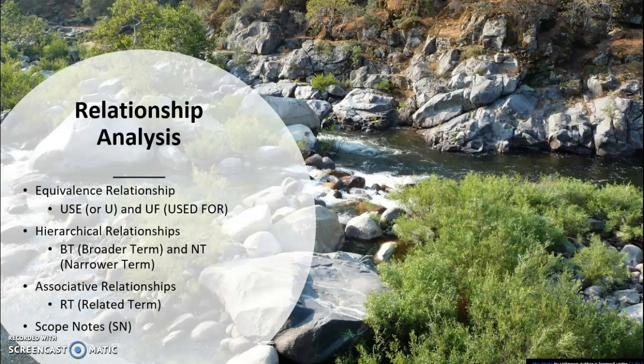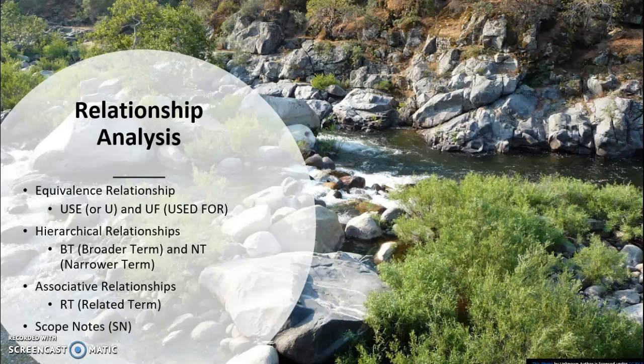Following this, our group moved on to the step of relationship analysis. During this step, we used standard conventions to display the hierarchical and associated relationships of terms. To sort terms, we used Aitchison et al. standards. RT, or related terms, refers to associated terms.